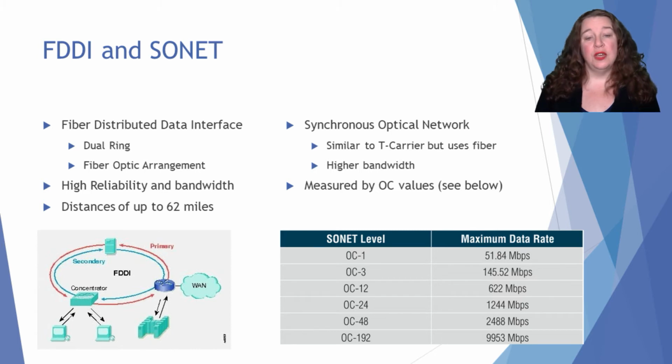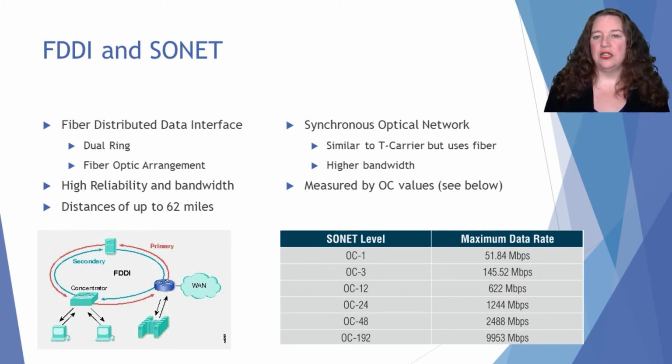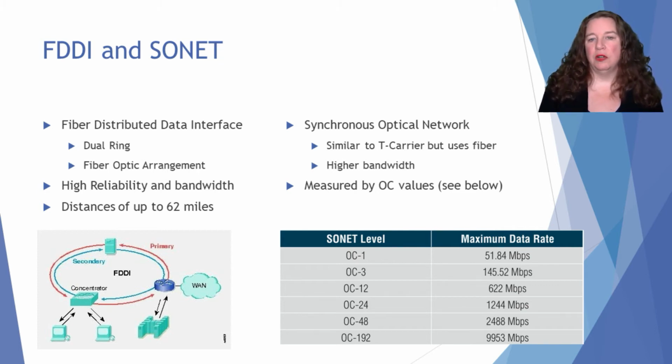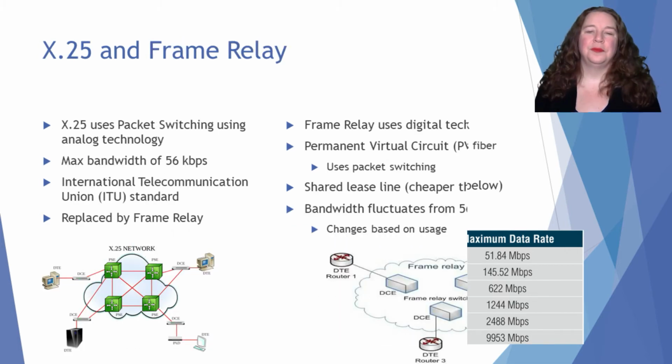Each of them refers to a specific maximum data rate. At 50-ish megabits per second for OC1, OC3 is 145, OC12 is 600-ish, somewhere in that vicinity. It's based on the number of megabits and the different levels, but you can see how those speeds increase as we go down the levels for SONET.